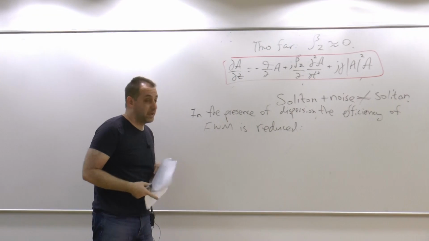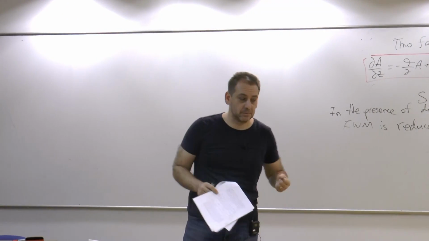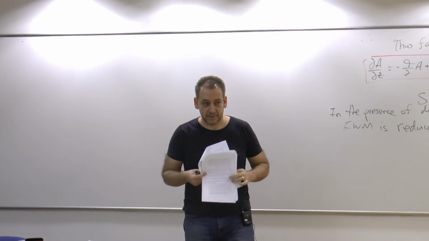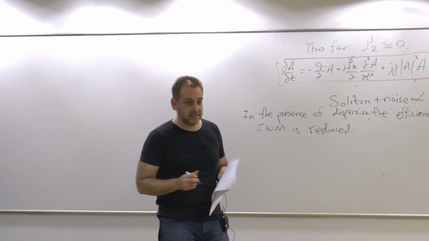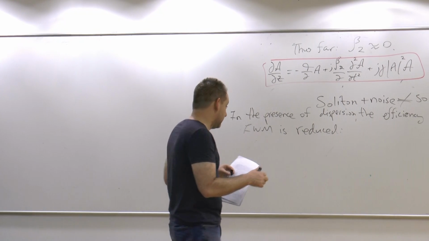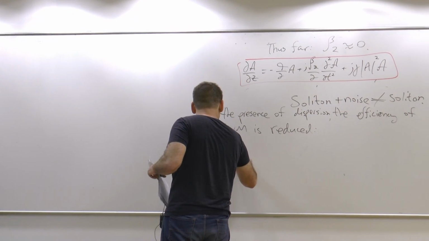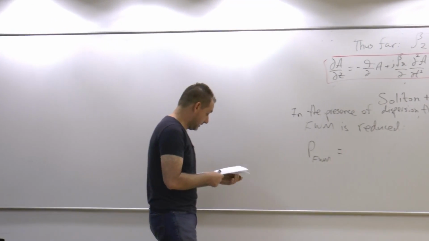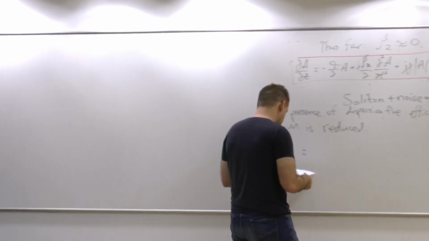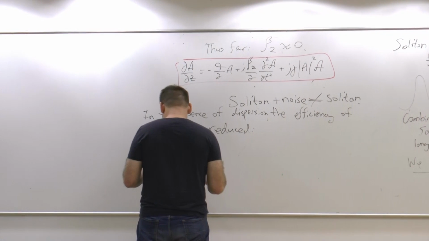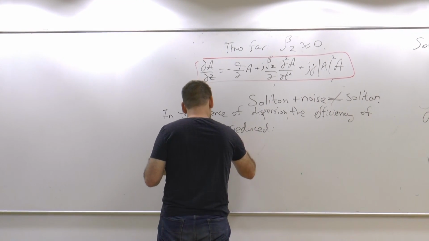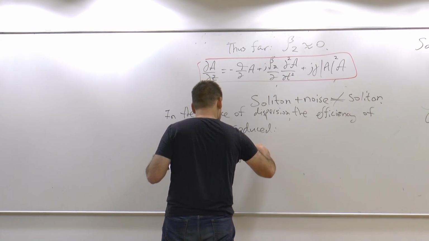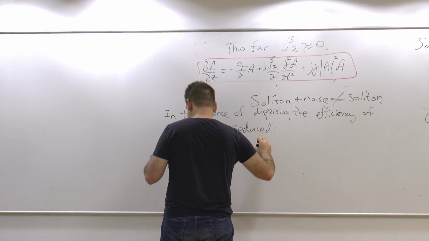reduced. We had a few minutes ago an expression on this board showing just how much power we can get in the four-wave mixing sidebands, and this was true for the case where we had no dispersion. If we do consider dispersion, we get something a little bit more complicated in the following way. It's going to be P to the power of 3, gamma power of 2, effective length.